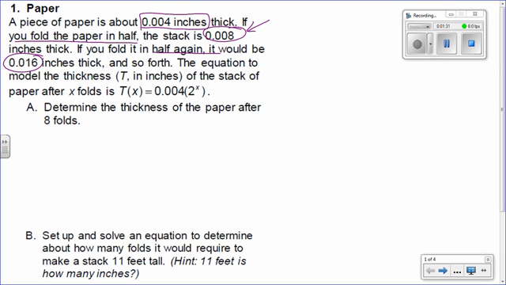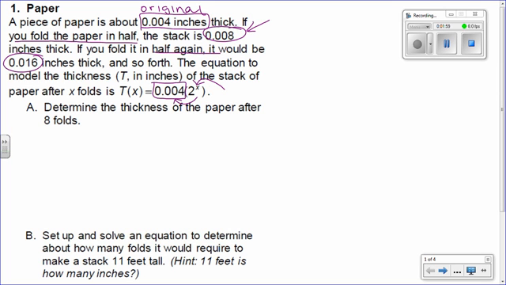So if we keep doing that, they do have a model right here. And I want to point out that 0.004 is actually the original thickness of the paper, kind of like what we're starting with. And the 2 to the x is representing that every time you fold it, it is going to increase the height by 2.